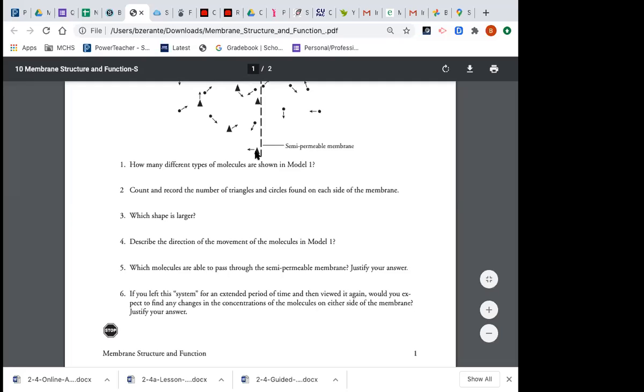Now, this is simple diffusion. Before we can move on to the more complicated types of transport we're going to talk about tomorrow, we have to talk a little bit about how the cell membrane is formed, okay? So we know that it's made mostly of lipids.